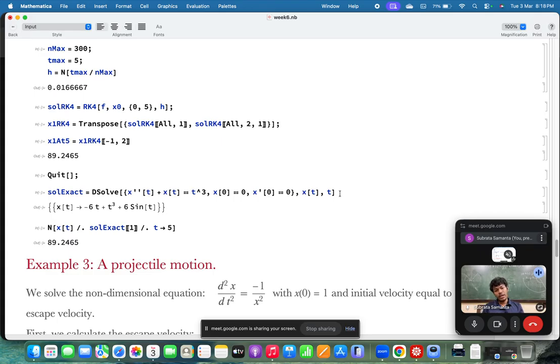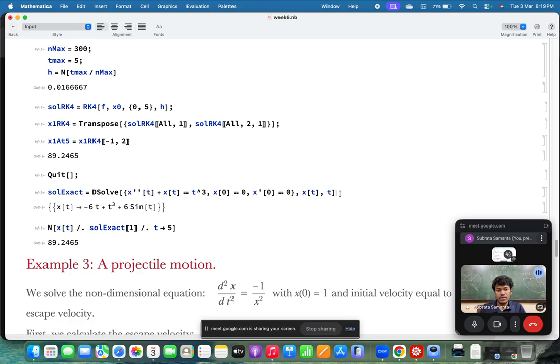But if you call NDSolve, it returns an interpolating function. You numerically solve and create a grid, calculating the values of t and x t at every time stamp, and if you want to extract any intermediate value of t, it just interpolates.